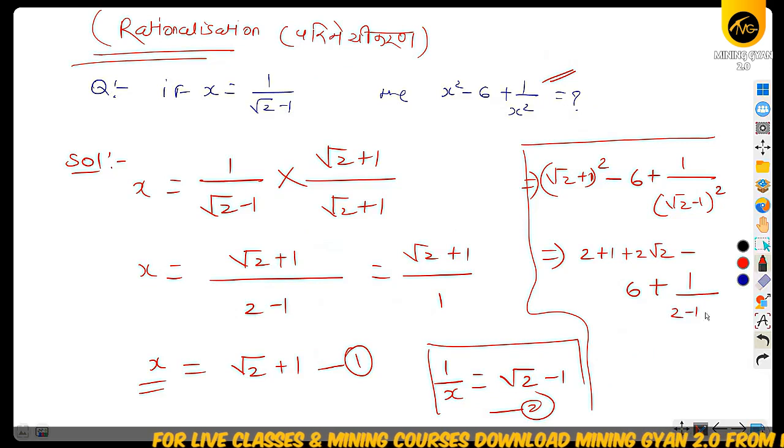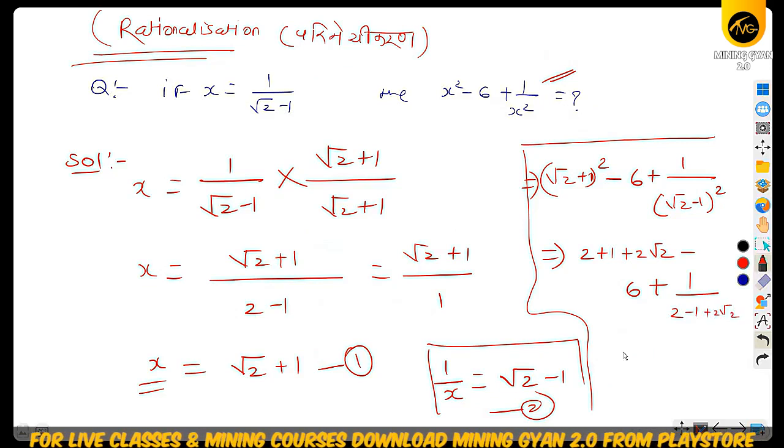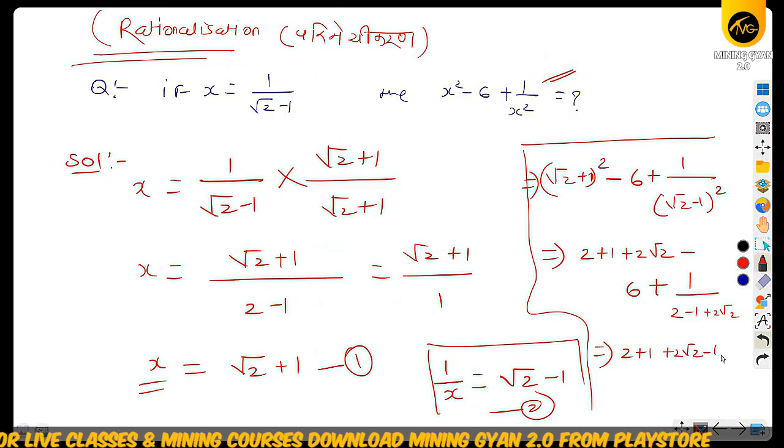Minus 1 plus 2 root 2, right? Now 2 plus 1 plus 2 root 2 minus 6.